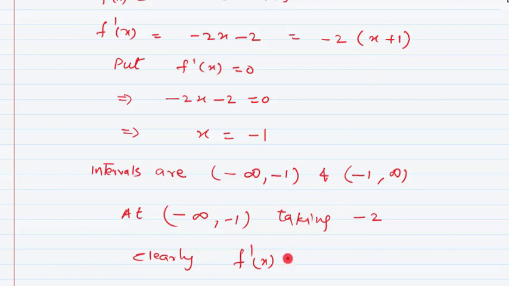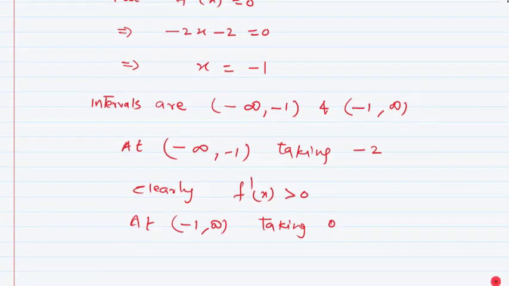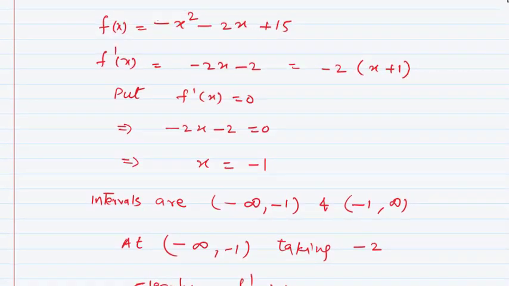F dash x is greater than 0. At the other interval, minus 1 to infinity, taking any value, let us take 0. So clearly f dash x is less than 0, because if you put 0 over here, the value is minus 2, which is negative.